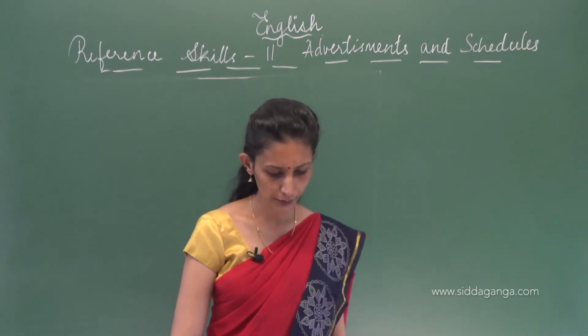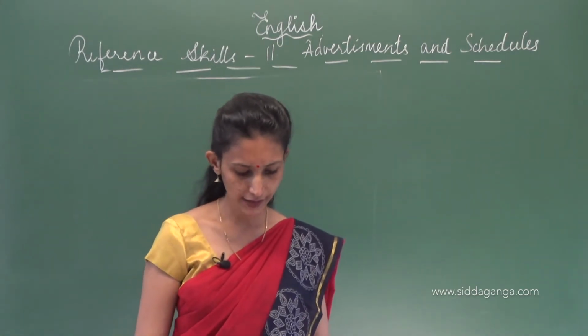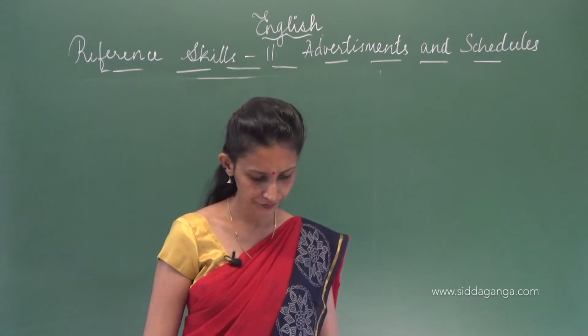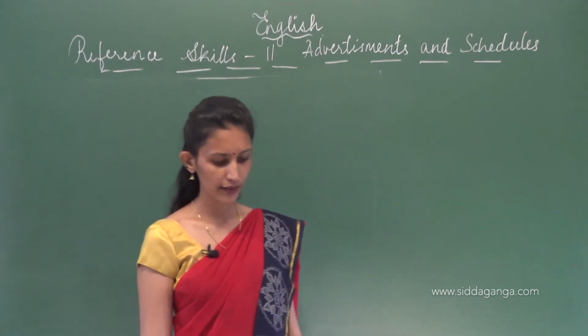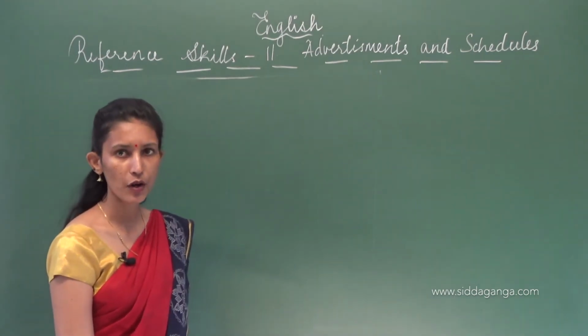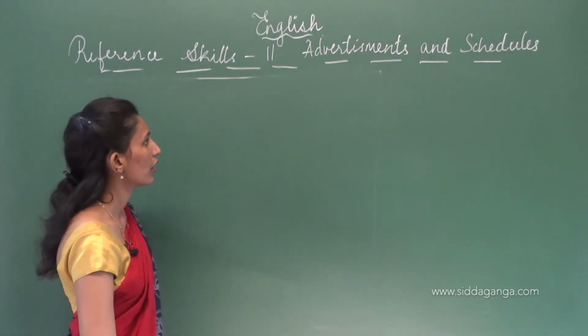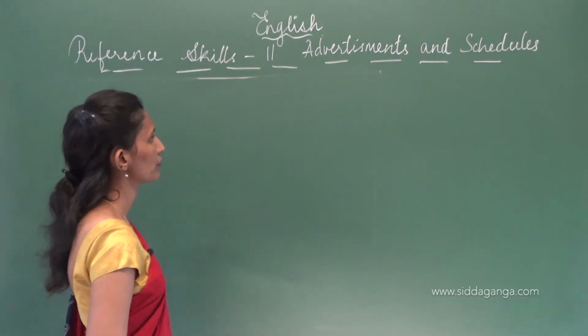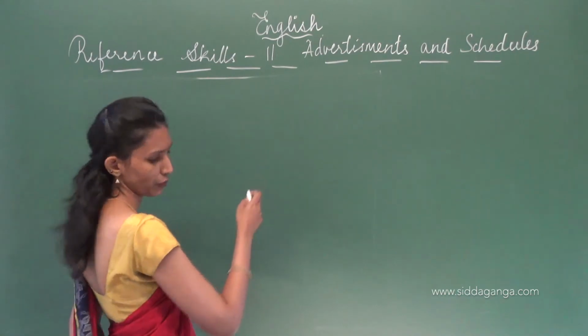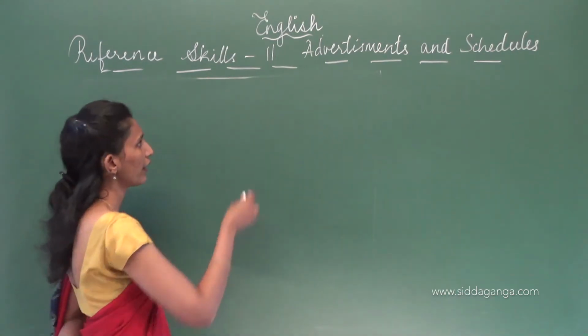Alright, now I will put down a schedule for you, and then likewise we will answer. That is in the textbook page 134, one of the model question papers, page 134 of your textbook. So, that is College Union Day.